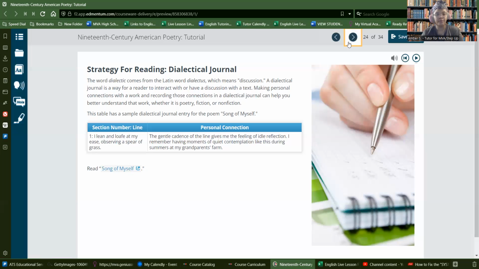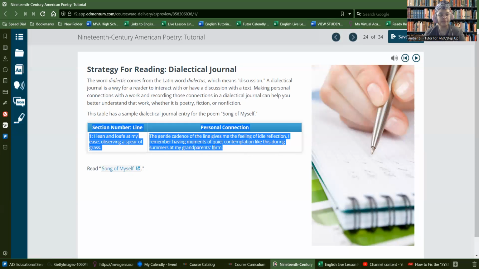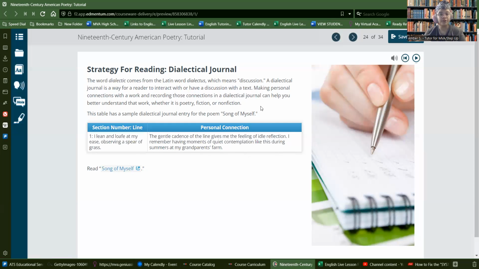And if you want an example of what types of notes you should take to keep for other classes, I would definitely write down this example right here, just the table that's here in general. But anyway, after you're done with that, take a moment to click on the link at the bottom for Song of Myself and read it. And then meet me over at slide 25, and then we'll talk about a little bit of it.